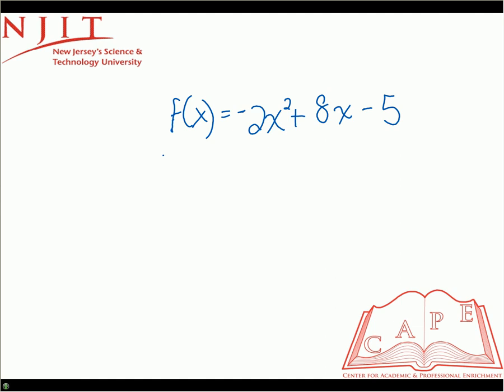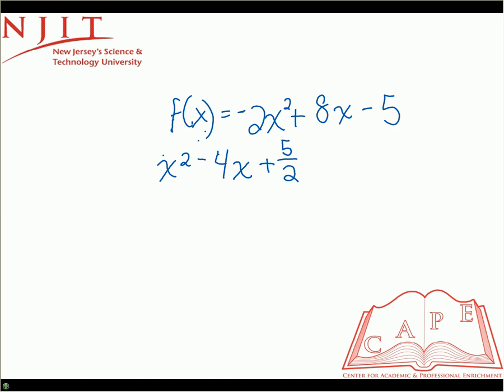So if we do that, we get x squared, and then if you divide 8 by negative 2, that gives us minus 4x, and then negative 5 divided by negative 2 is a positive 5 over 2.